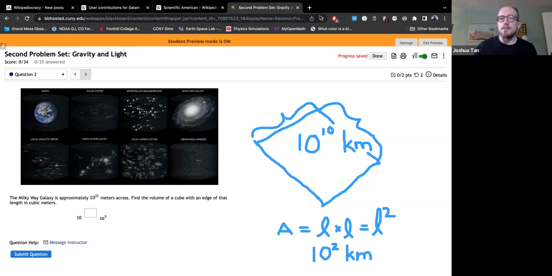Let's say I have, oops, I miswrote this. Let me just change that exponent there. It should be 10 to the 10 kilometers. So we'll put a 10 here, 10 to the 10 kilometers.